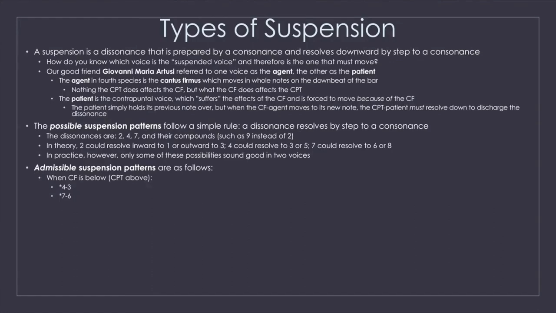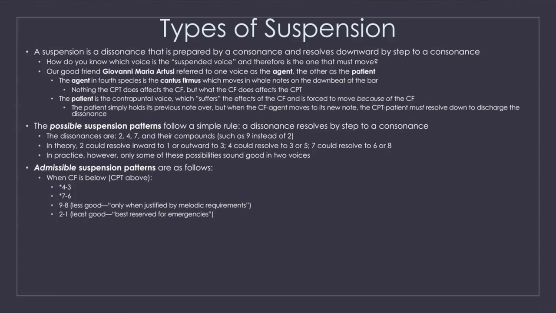I have asterisks next to those because those are the best ones that you can use in series. You can use a 9-8 suspension, but it's less good, especially in two voices. They write that you should only use a 9-8 suspension when it's justified by melodic requirements. So assume that for two-voice counterpoint, you're not going to do 9-8 suspensions unless you really have to.